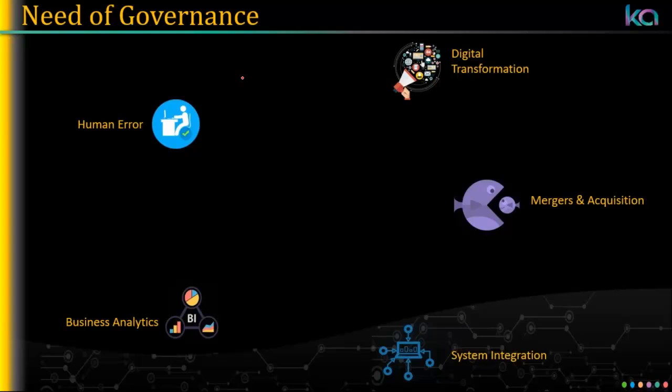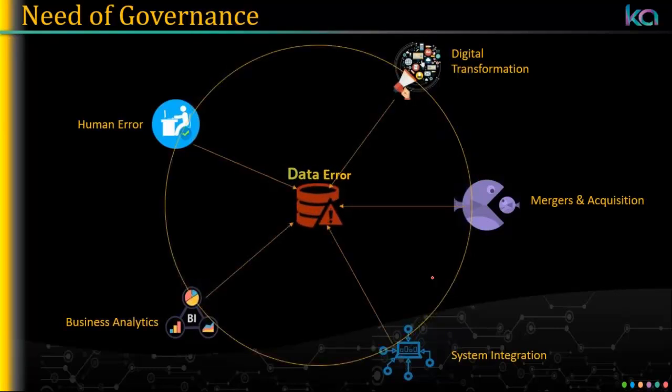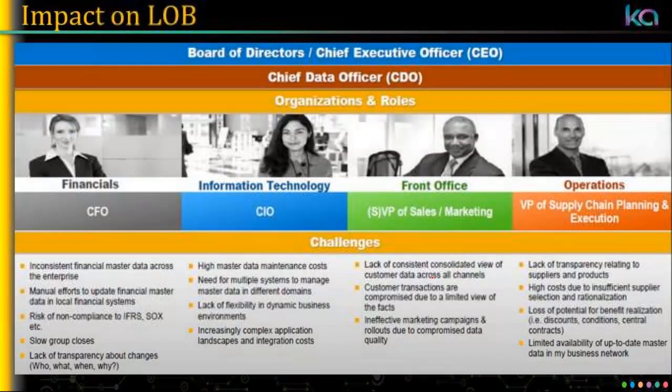Because of digital transformations, mergers and acquisitions, system integrations, business analytics, and human errors, a huge amount of data in the production environment gets corrupted. The corrupted data has an immediate effect on the chief financial officers, front-end and operations departments. They face a lack of transparency: who changed the data, why they changed it, what attributes have been changed, and whether the changes are correct.